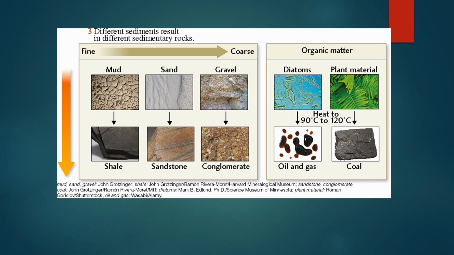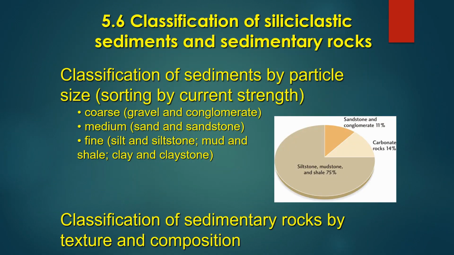So we're going to talk about the classification of sedimentary rocks. Sedimentary rocks include siliciclastic sedimentary rocks, chemical sedimentary rocks, and biological sedimentary rocks. The weathering, transportation, deposition, and lithification processes that we discussed are all related to siliciclastic sediments.